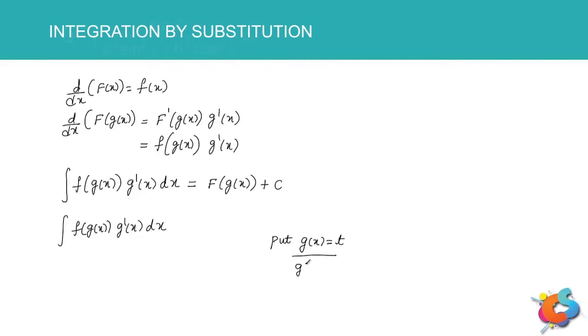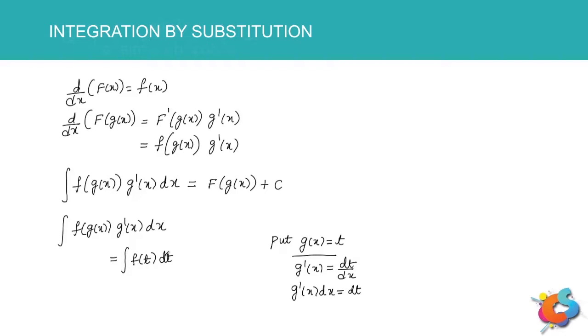We will get g dash of x is equal to dt by dx, or g dash x into dx is equal to dt. So the given integral becomes f dash of t into dt. So we reduce it to an integral of the known form which can be integrated easily.